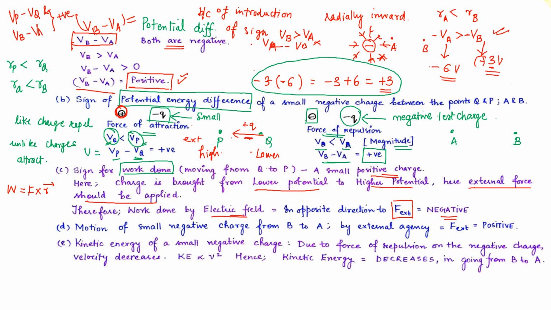Electric field force will try to repel, but with the external force we are trying to bring these two charges together. So we need to apply more force. Our external force should be greater than the electric field force to make any movement. If it is lower, then it will start retracting. It will go backward. To make it move forward, the external force should be greater.